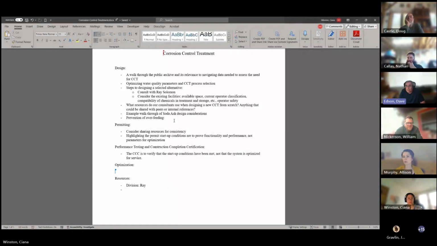Chem feed is fairly simple, until you get into it a little bit, but what you really want to do is prevent an overfeed of hydroxide. I can recall a case in Worcester, Massachusetts, where an overfeed of hydroxide sent a lot of people to the hospital. They took showers and were hit with excess caustic.